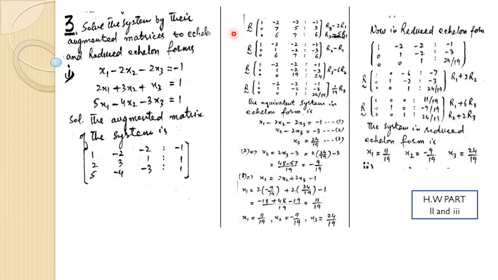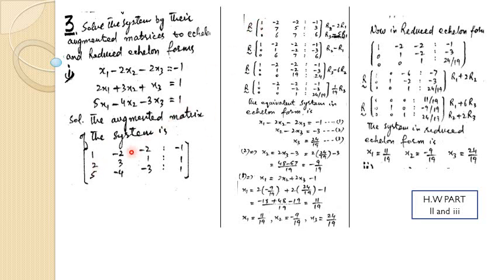R means that we are applying row operations. In the first row you can see that there is 1, so we apply the row operation minus 2r1 plus r2. Minus 2 ones are minus 2, minus 2 plus 2 is 0, so you can see that here is 0.